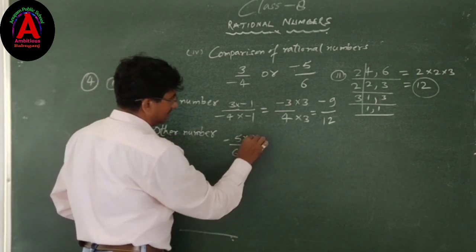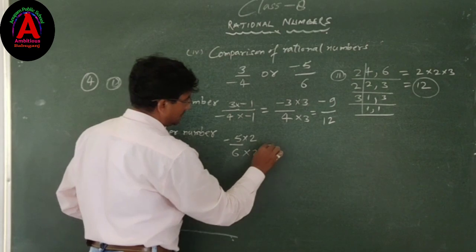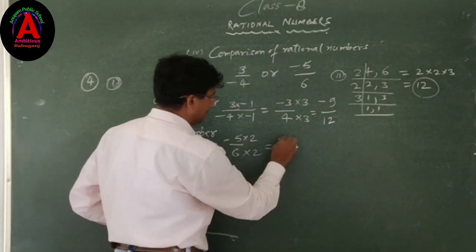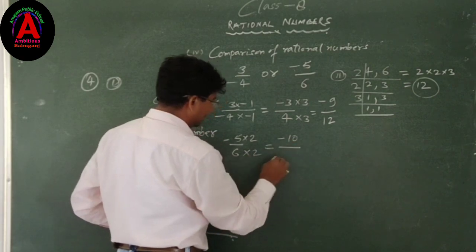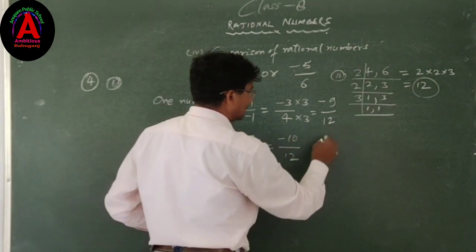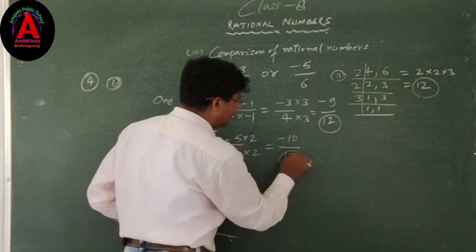We have to multiply here by 2, because we have to take the LCM here. So minus 10 upon 12. So our denominators are equal.